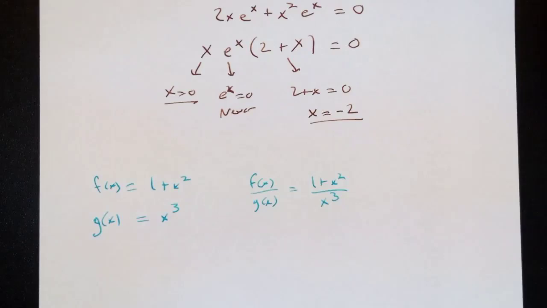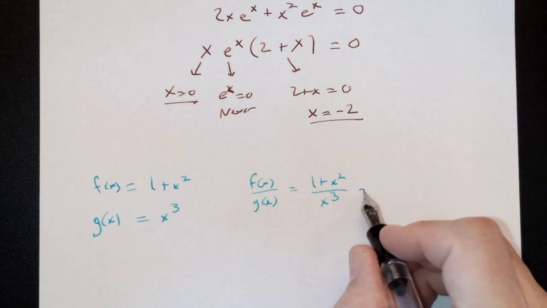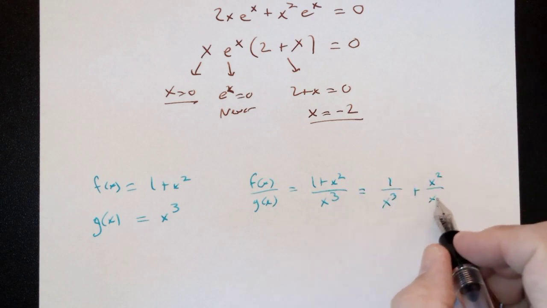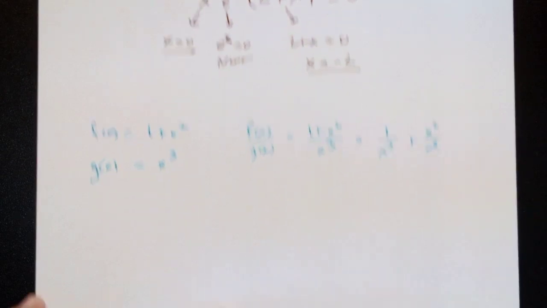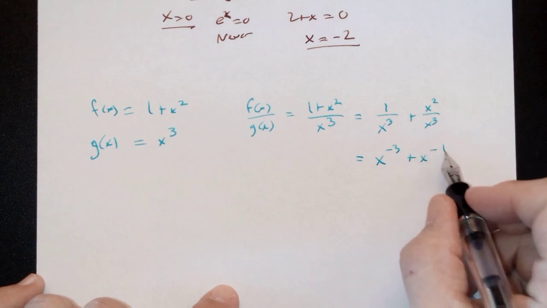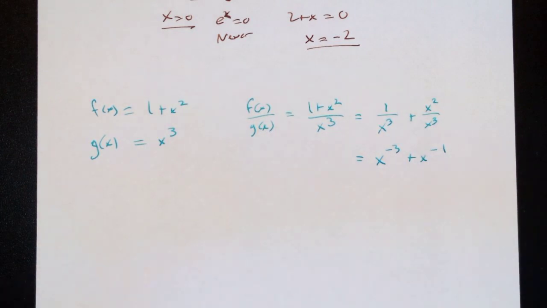I need no funny business to make this work. Again, you had a homework problem like this. And rather than me saying we're going to use some funky new rule, I just split this fraction up: 1 over x cubed and x squared over x cubed, and then rewrote it into being powers. And then I could use the power rule.